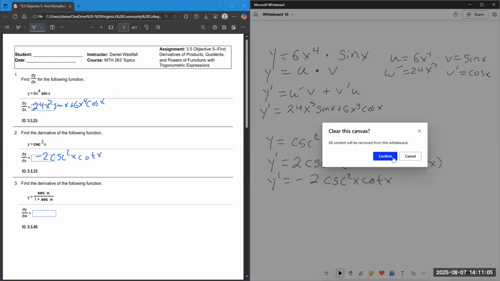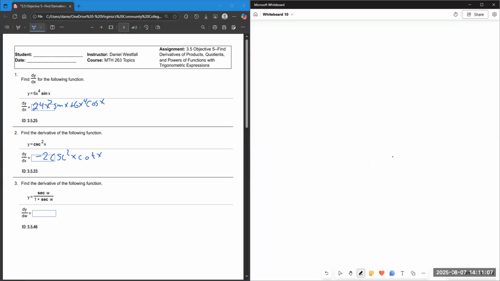And for the last one, for the quotient rule, y equals secant w over 1 plus secant w. I'm going to call that u over v. So y prime is going to be u prime v minus v prime u, all over v squared.